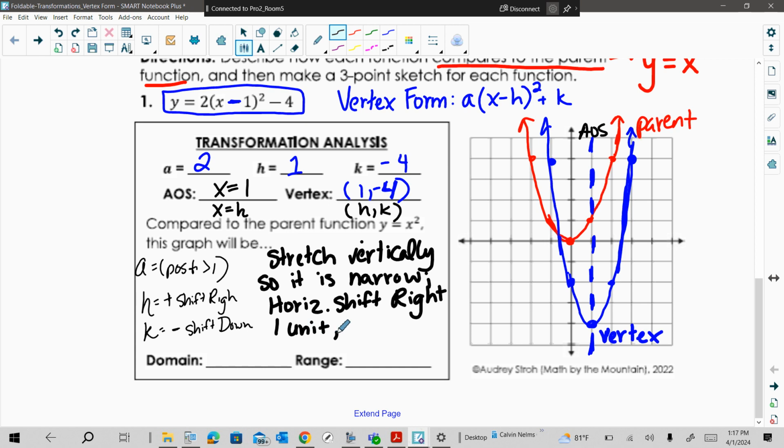And then our K is the vertical shift. So we also have a vertical shift down, because K is negative. Down 4 units.